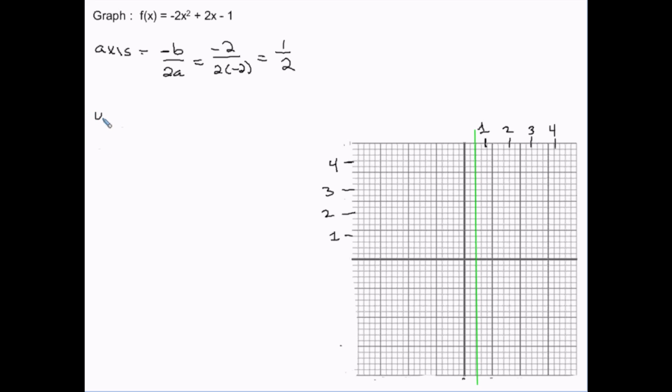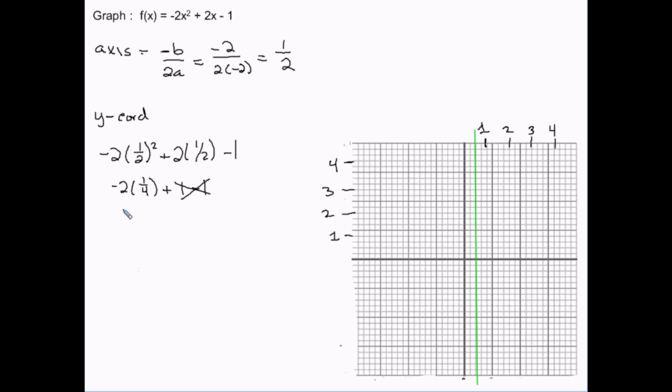Then I'm going to find the y-coordinate by plugging in a half. So I'm going to do -2 times 1 half squared plus 2 times 1 half minus 1. That's -2 times 1/4 plus 1 minus 1.